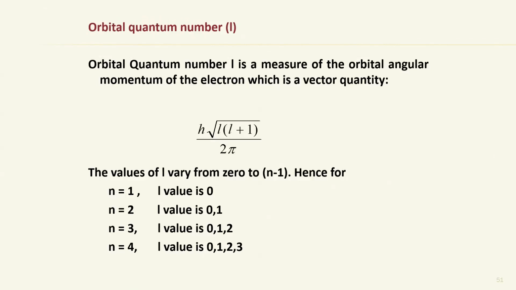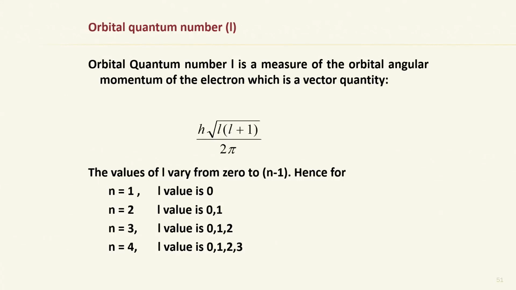So, for the orbital quantum number, the angular momentum is h into square root of L into L plus 1 divided by 2 pi, and the values of L may vary from 0 to n minus 1.